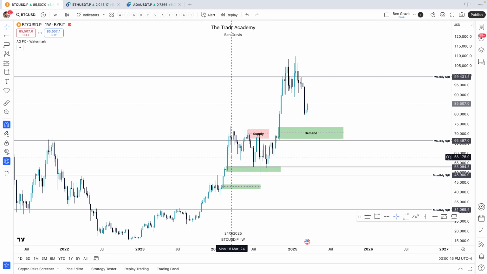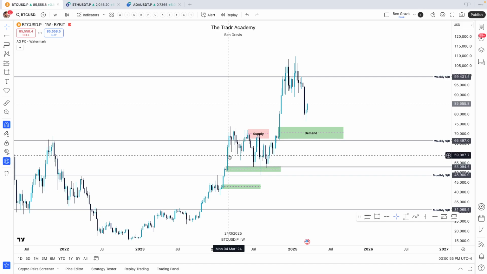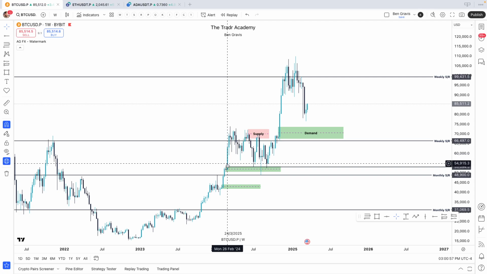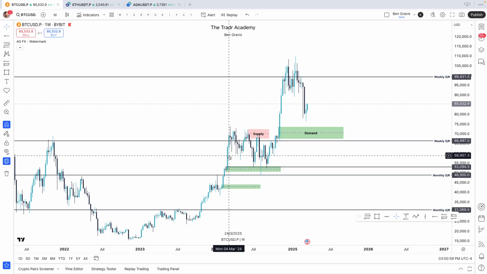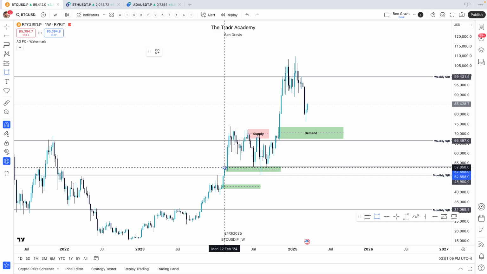It's basically a gap between three candles. You have the left candle, the high, and you have the third candle, the low, and in between you have a gap. It's not that this wick aligns with this wick, so it doesn't touch each other. So then you have a fair value gap.